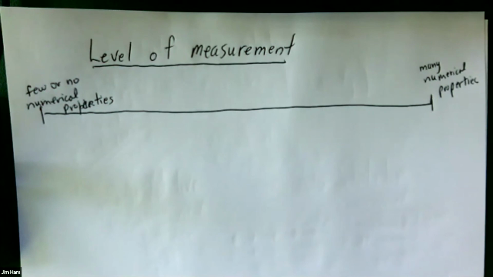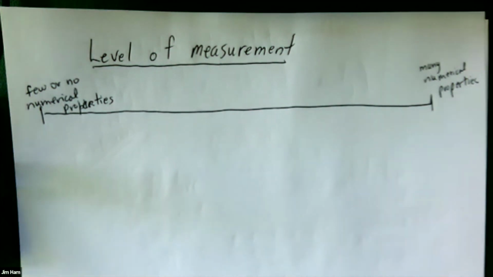You can think about it this way. Over here on the left where they have no numerical properties, if we're talking about variables now, what can you do with numbers? Well, you can order numbers from smallest to largest or largest to smallest. You can subtract numbers, that's meaningful. You can compare numbers by using a ratio, like the relationship between 10 and say 40 is that 40 is 4 times as big as 10.